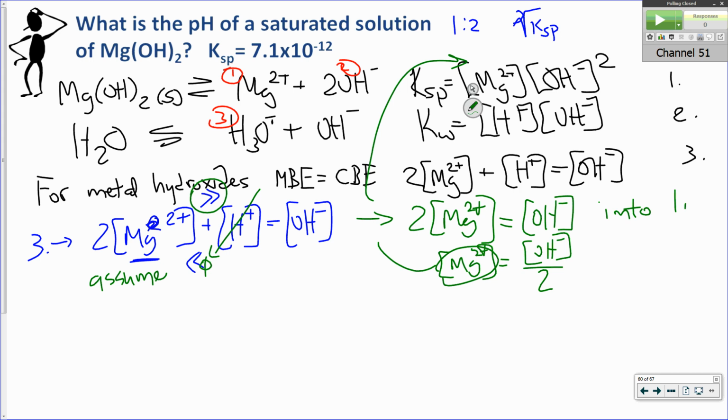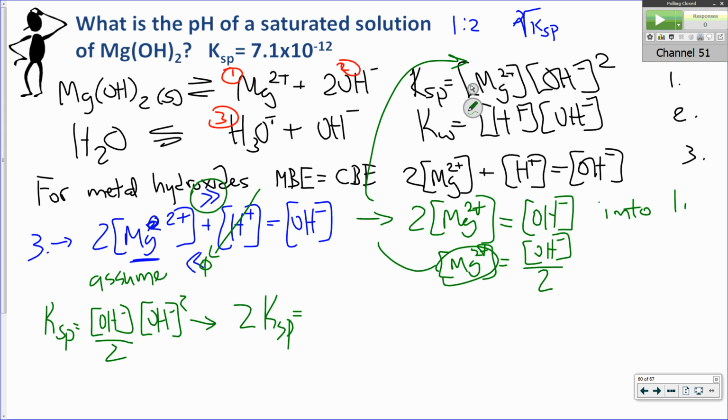So I've got KSP is equal to magnesium, which is the hydroxide divided by 2, times the hydroxide minus squared. So now I'm going to multiply the 2 over, so 2 times KSP equals the hydroxide cubed.